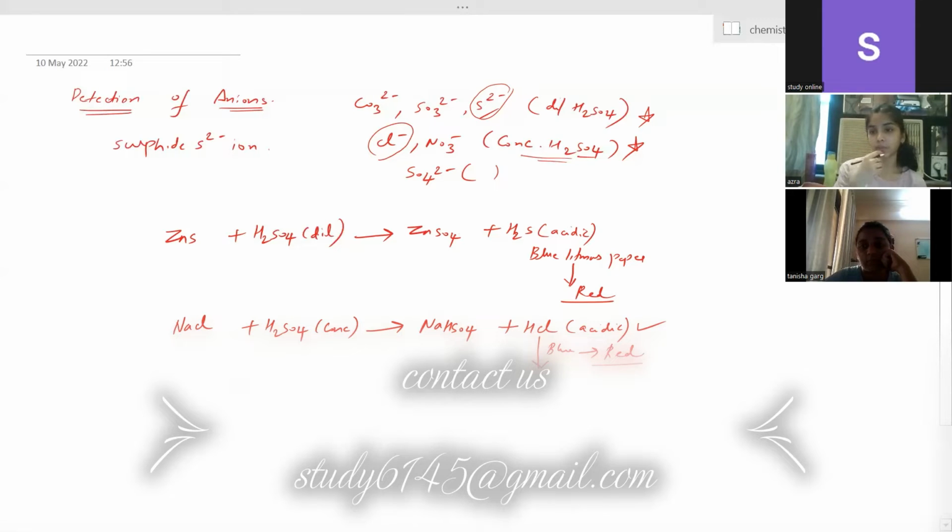A glass rod dipped in ammonium hydroxide, perfect. Ammonium hydroxide plus HCl will give NH4Cl plus H2O. So this again can be used, dense white fumes.